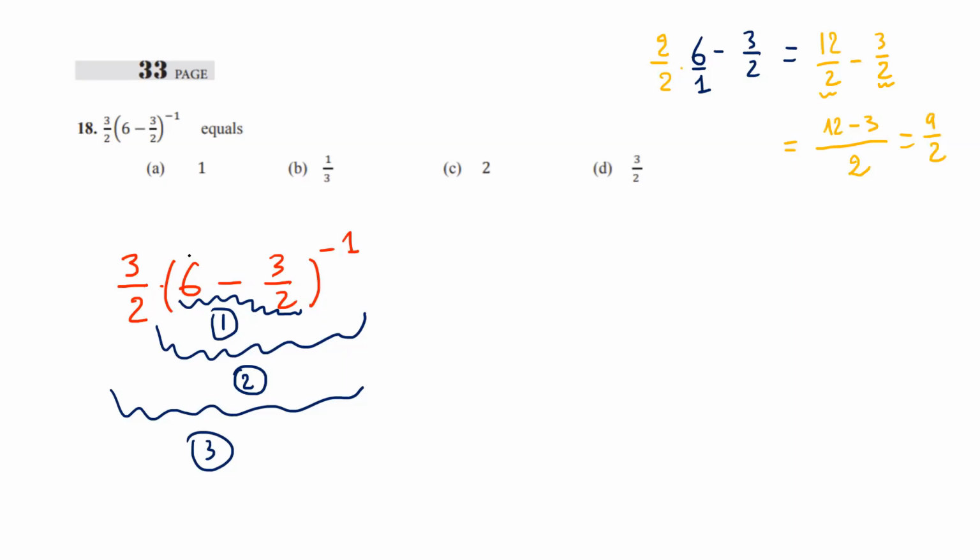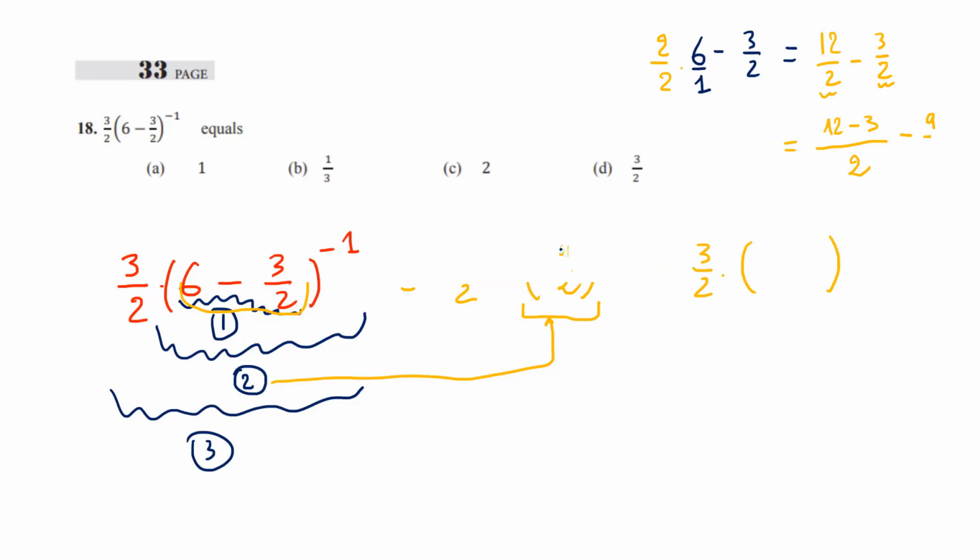So here we replace this quantity by its value, 9 over 2. So we get 3 over 2 times 9 over 2 to the negative first exponent. And now the second operation here. So a negative exponent.